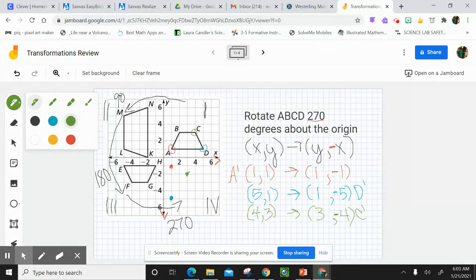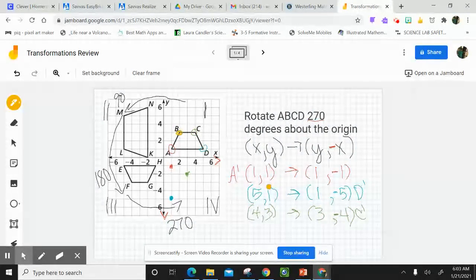And the last coordinate I'm going to look at is B. Did I do it in yellow? Yellow, I said. There we go. Okay, B. My original location of B is (2, 3). Now I'm just going to take my x coordinate, which now becomes my y coordinate, and take the opposite of that.